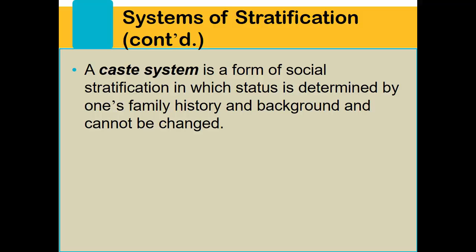It is an incredibly intricate system, but to simplify it, we have people of very high status in the caste system, people of middle status, and people of very low status.